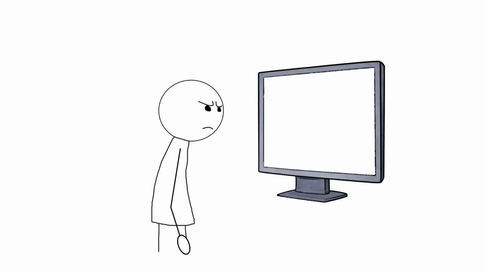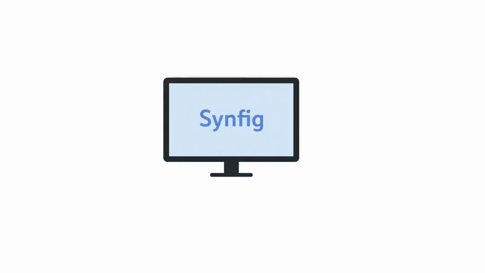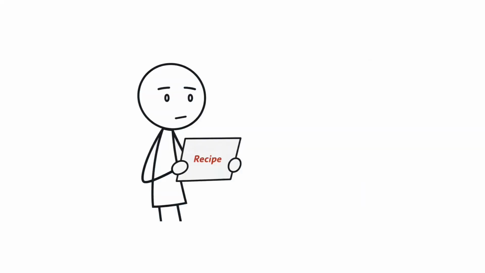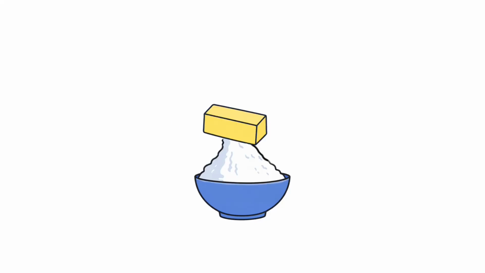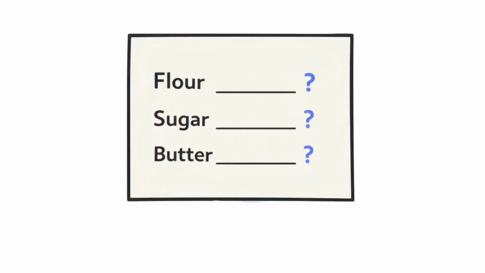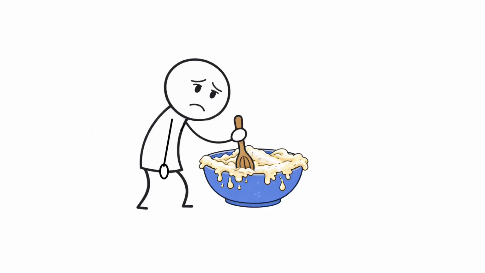So experienced users follow one rule: save constantly. Learning Synfig. Using it for the first time feels like following a cooking recipe that forgot the measurements. It says add flour, add sugar, add butter, but it never tells you how much. So the first few attempts are a lot of trial and error.